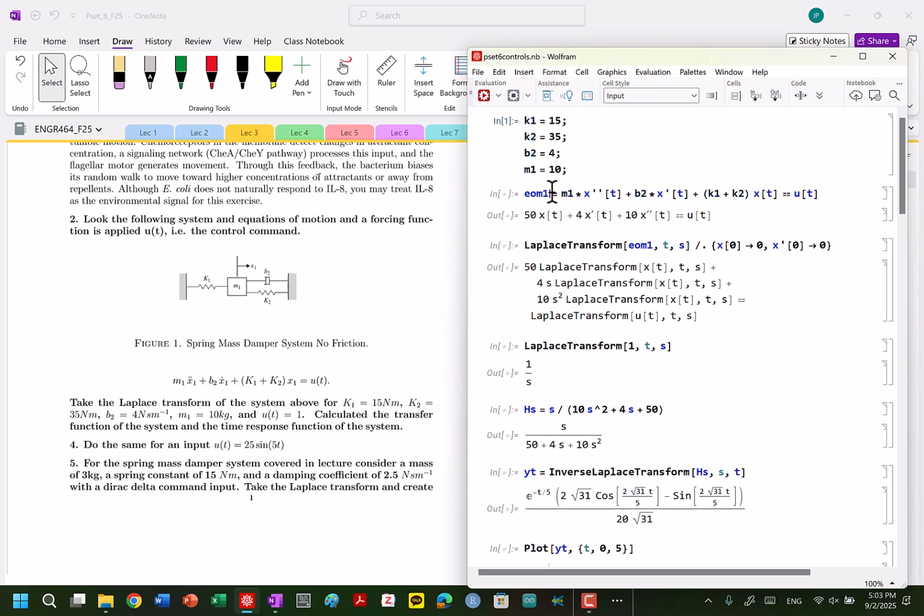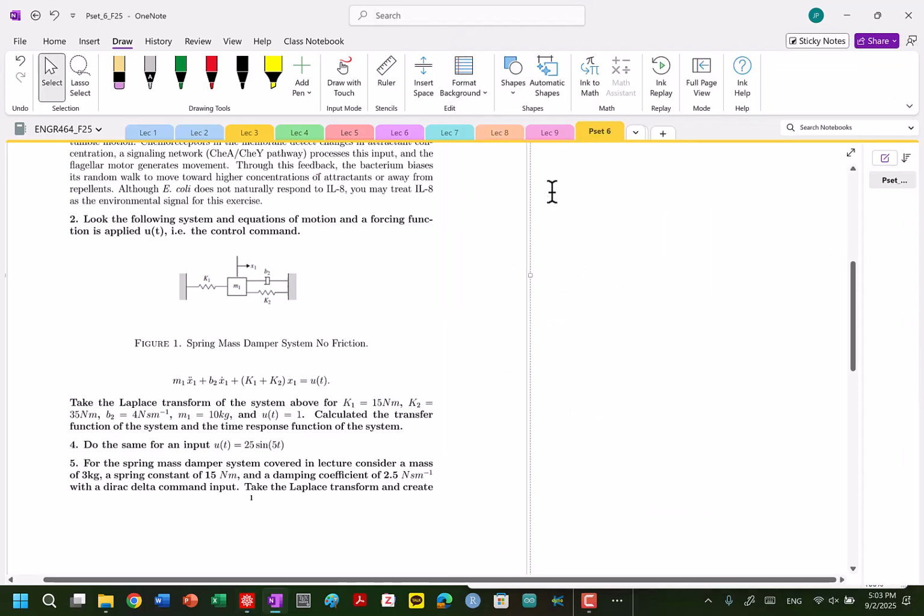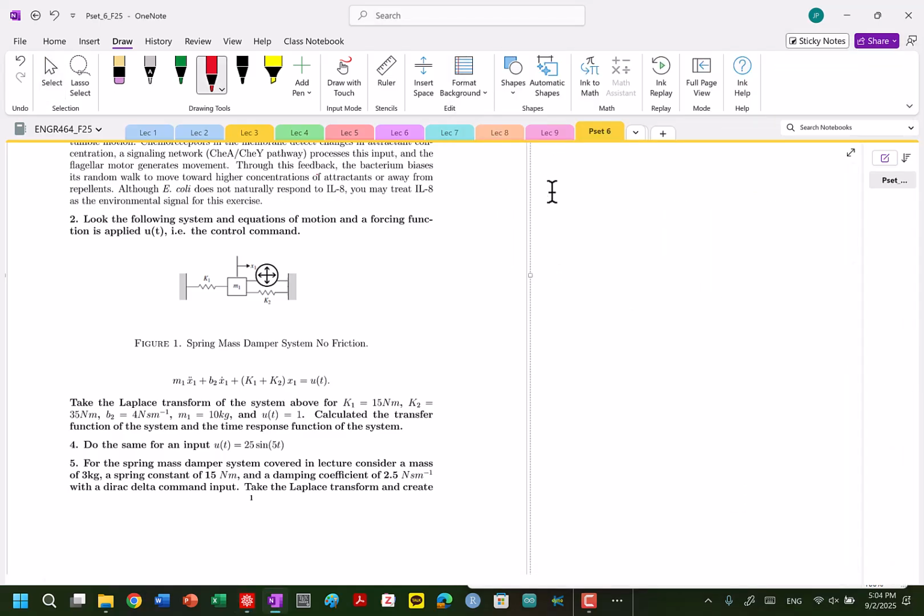We're being asked to calculate the transfer function of the system and the time response of that system. We want our output, X of s, over our input, U of s, so we need to get to this expression.